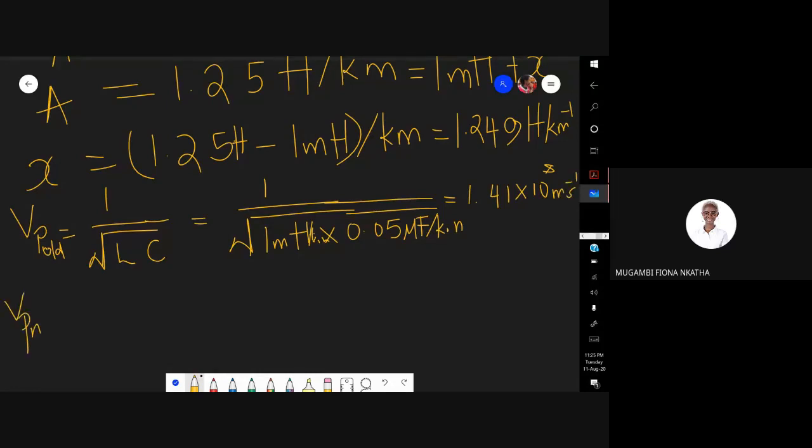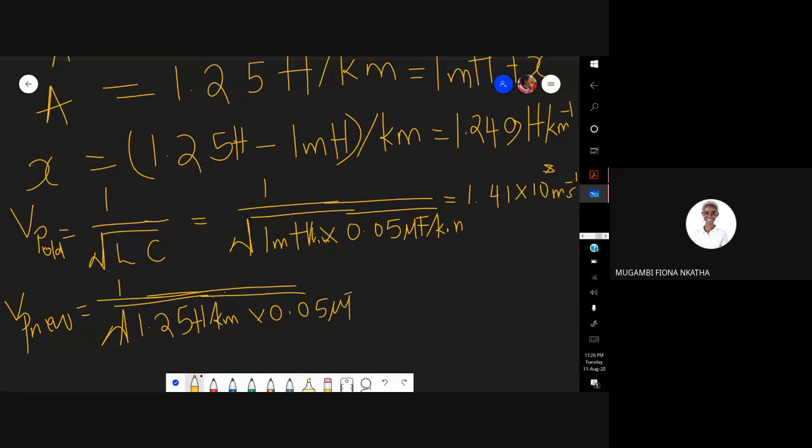Then we do the same thing for the new phase velocity. For the new one we're going to use 1.25 because that's the new value for our inductance. 1.25 Henry per kilometer times 0.05 microfarads per kilometer.